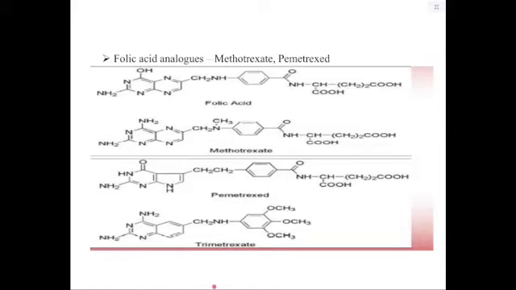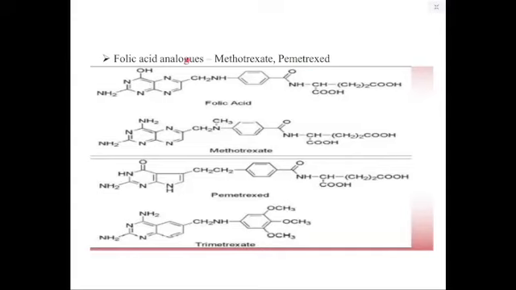So when you look at the folic acid analogs, they will have an effect on both purine and pyrimidine synthesis. Examples of the folic acid analogs are methotrexate and pemetrexed.